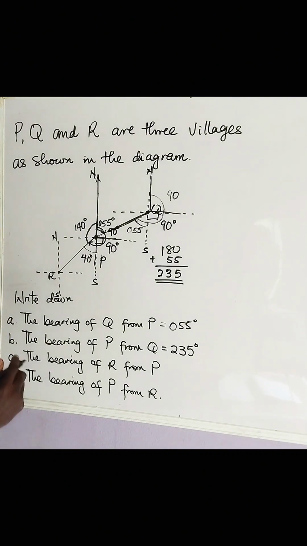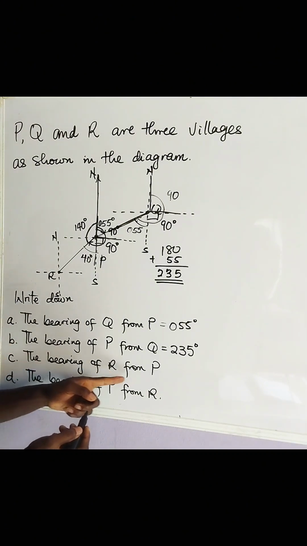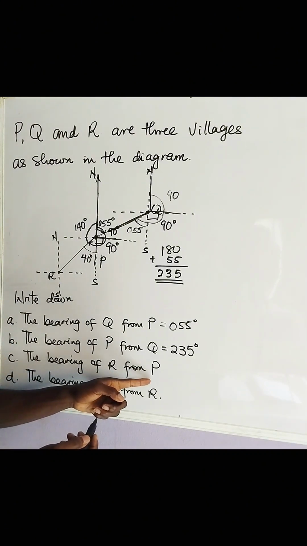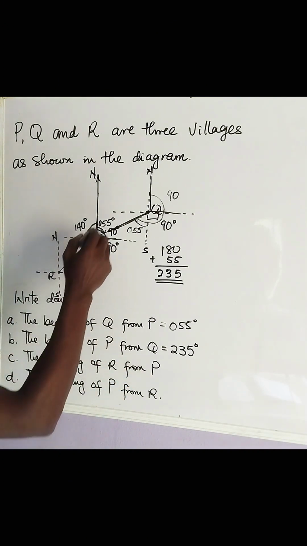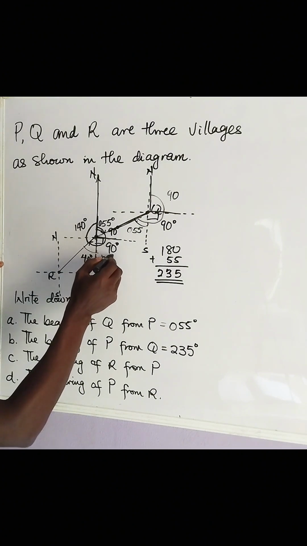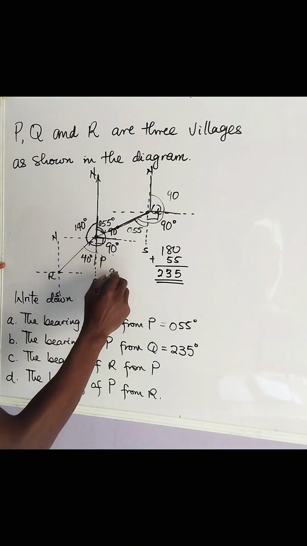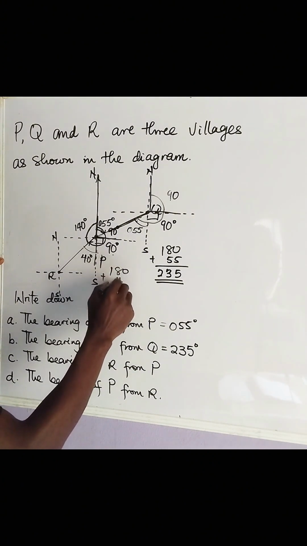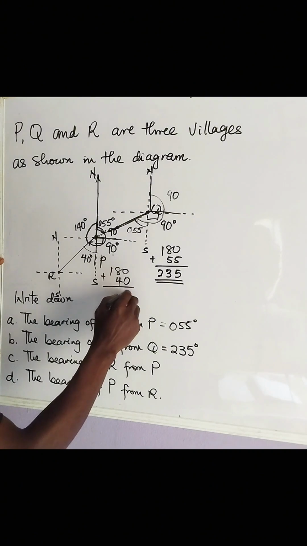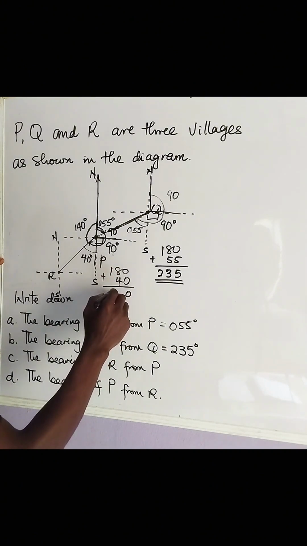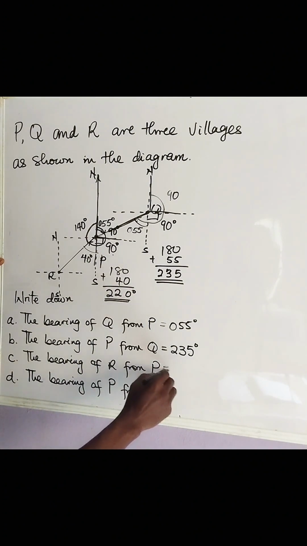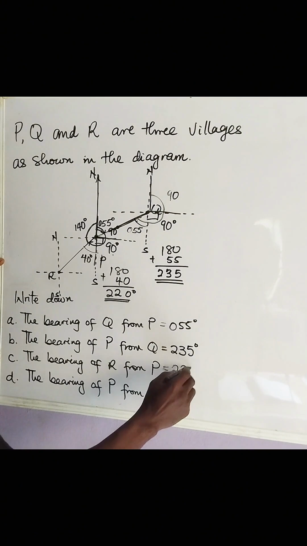So the bearing of R from P will now be 90 plus 90 plus 40, which is 180 plus 40, which gives us 220 degrees.